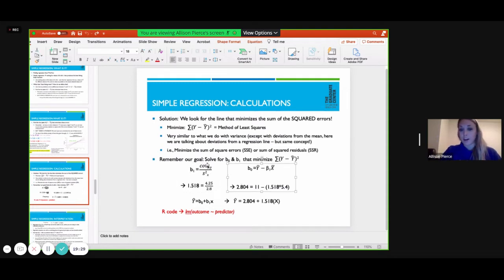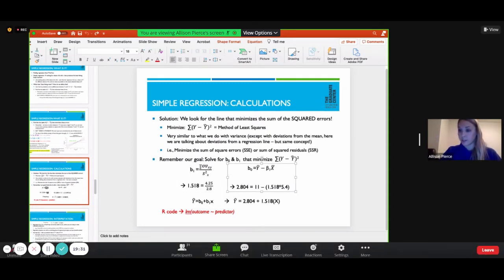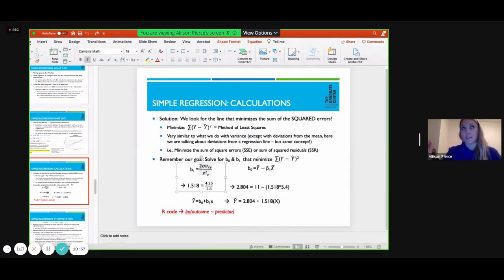And so remember our covariance that we calculated earlier, we're going to need that again. And then, because now we're actually using X to predict Y, we're only going to divide by the variance of X instead of including variability from Y. And then we'll include this in order to finish the algebraic equation here.